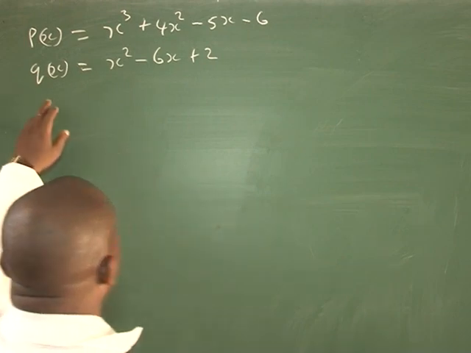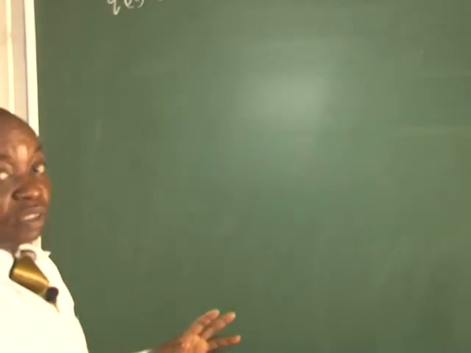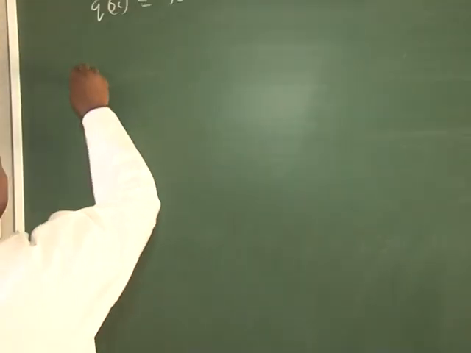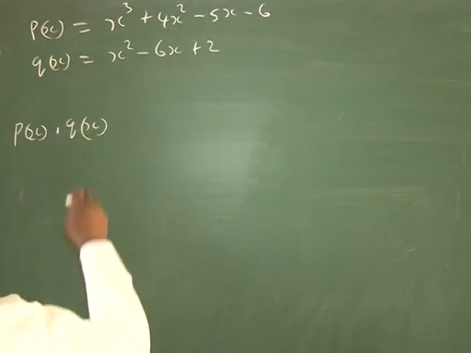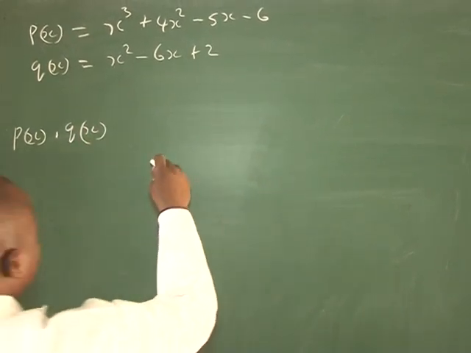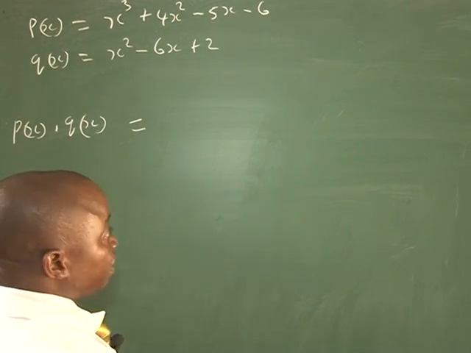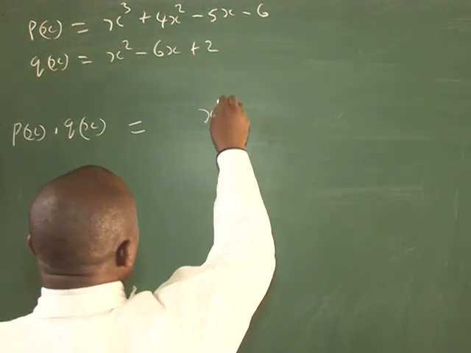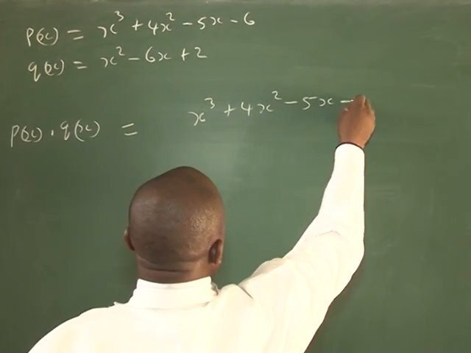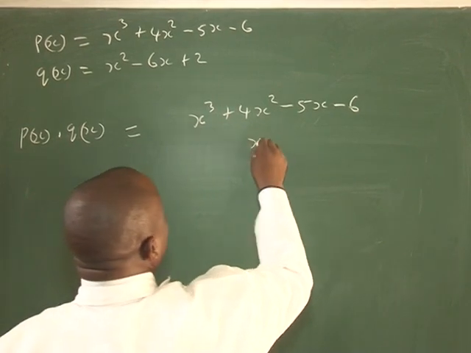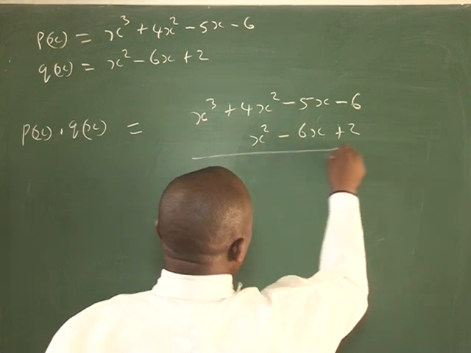P of x times q of x could be done in two ways. Now look at this. P of x times q of x, using the first approach, we can multiply it the same way we multiply real numbers. X cubed plus 4x squared minus 5x minus 6, then x squared minus 6x plus 2.